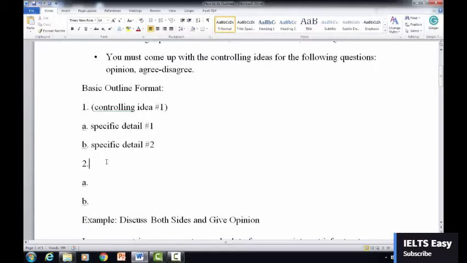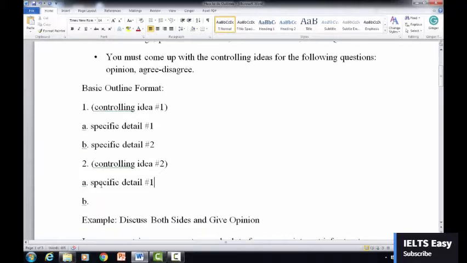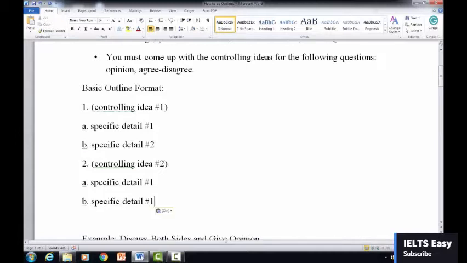All right, and then the next thing is controlling idea number two. And for controlling idea number two, we have specific detail number one, and we have specific detail number two.